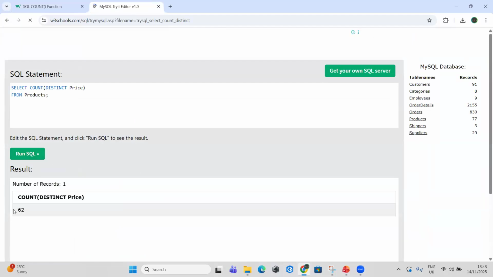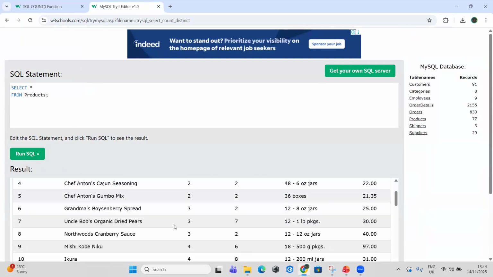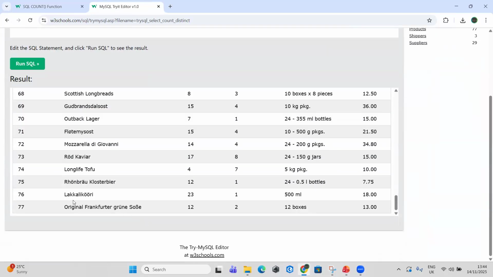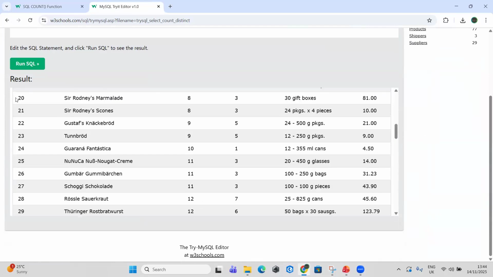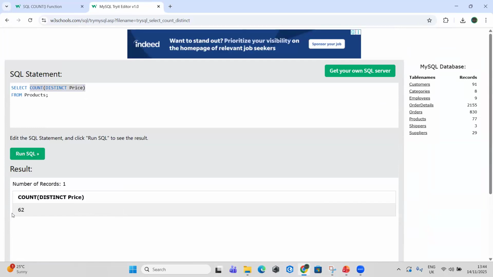So if you see, originally you had 77, but now after doing this, count distinct price, you get 62.